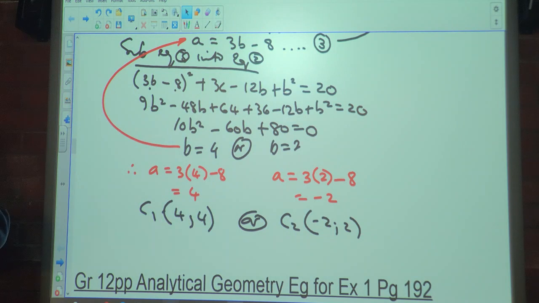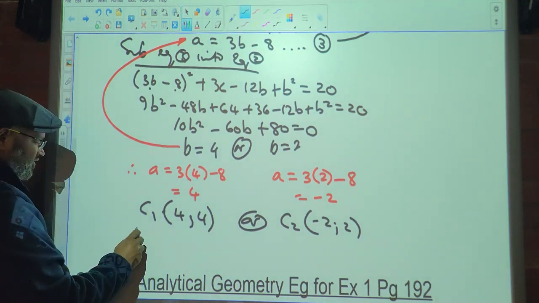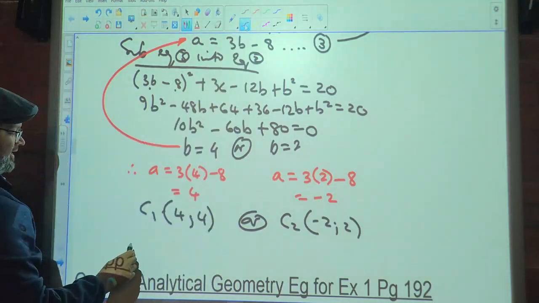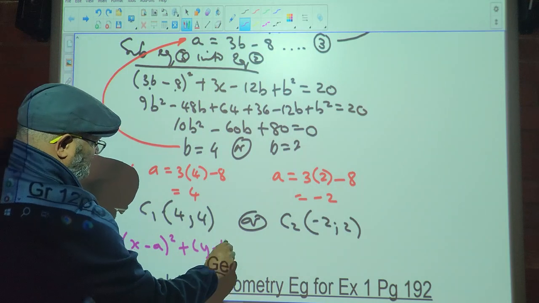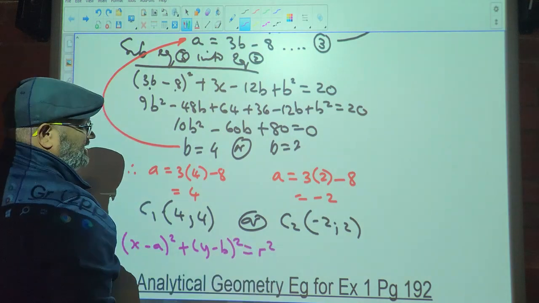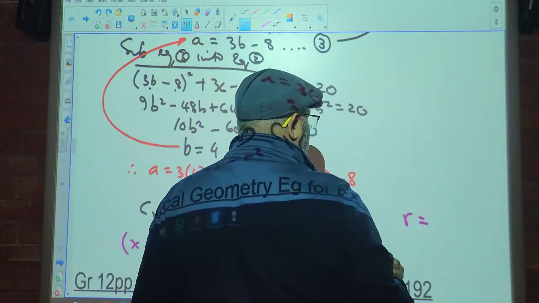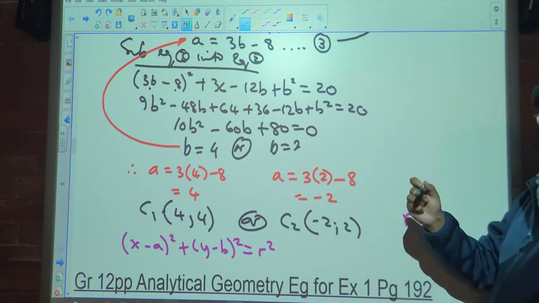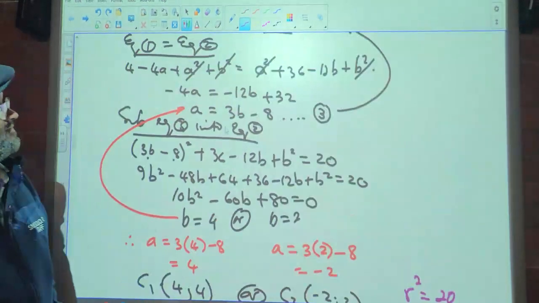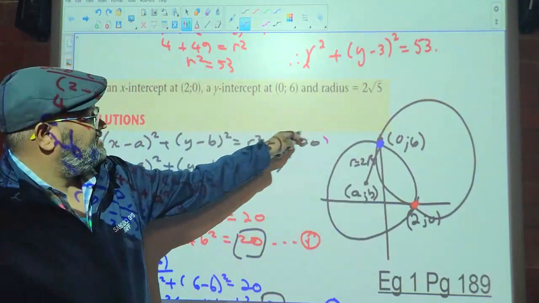To determine the equation of the circle. So the equation of the circle follows the formula x minus a squared plus y minus b squared is equal to r squared. And my r squared was 20, that I worked out earlier on. Not so? I worked it out here.